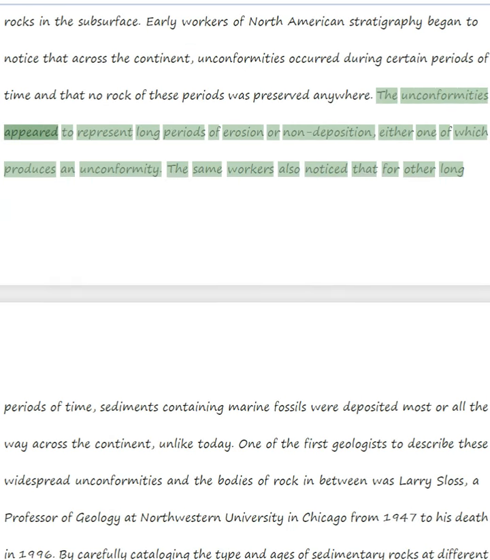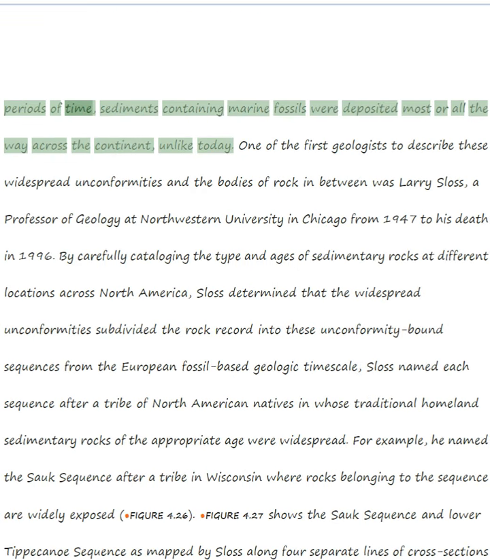The unconformities appeared to represent long periods of erosion or non-deposition, either one of which produces an unconformity. The same workers also noticed that for other long periods of time, sediments containing marine fossils were deposited most or all the way across the continent, unlike today.